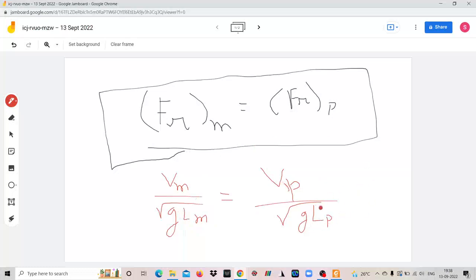Now, from this, what can you get? What is LR, the length ratio? Length ratio is the ratio of the length of the model to the length of the prototype.